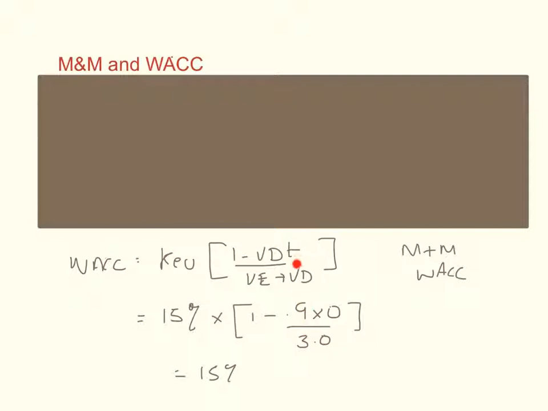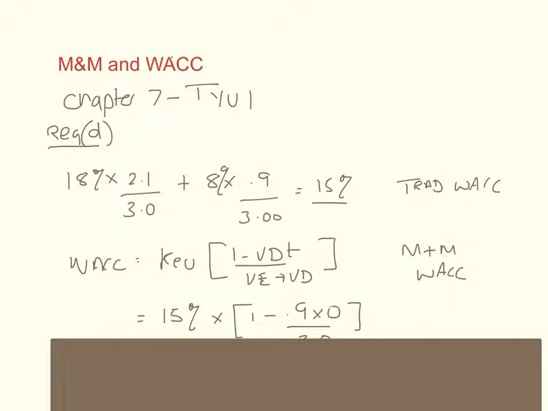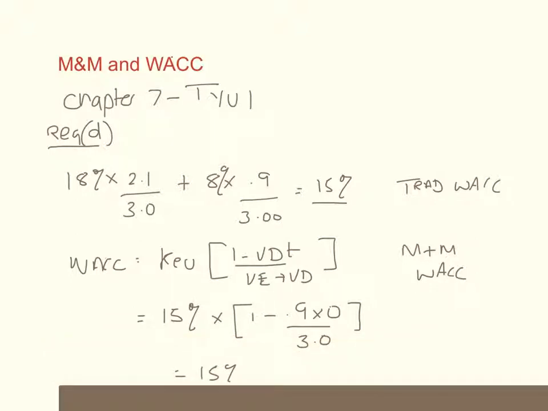So the tax figure here becomes 0, and the whole of this part of the calculation therefore becomes 0. It becomes 15 times 1 minus 0, which equals 15, which, as you can see, will give you the same answer here as here.